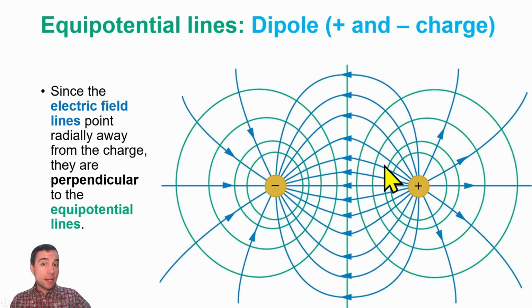So it's like we're in positive potential over here. Our electrical hill is very tall or high, and we're at negative potential over here on the left. Our electric sinkhole is very deep and getting deeper as we get closer to the center of that negative charge. You'll also notice that the electric field lines in blue will always be perpendicular to the equipotential lines in green.